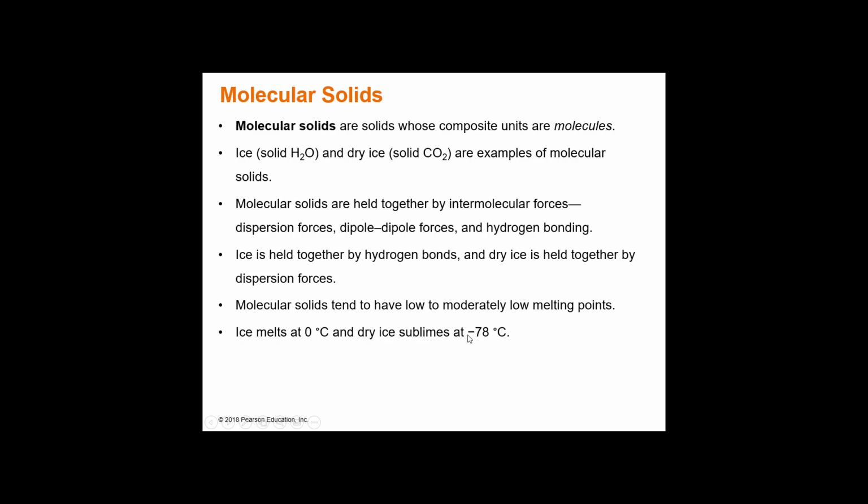So the minute we take it out of a negative 78 degree freezer and place it on a countertop, it will immediately start to sublime, because let's say the average room temperature is around 70, 72, 75 degrees, which is, if I'm right off the top of my head, I'm probably wrong, around 23 degrees Celsius.